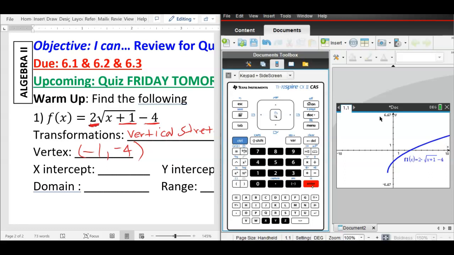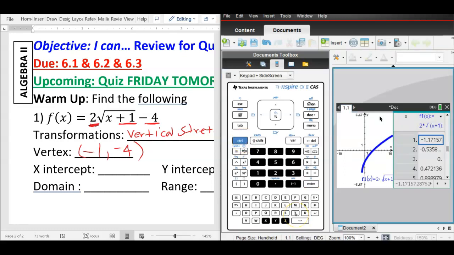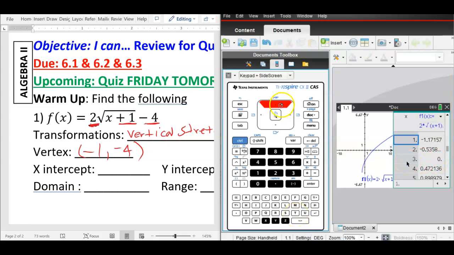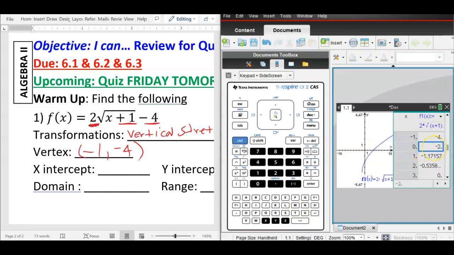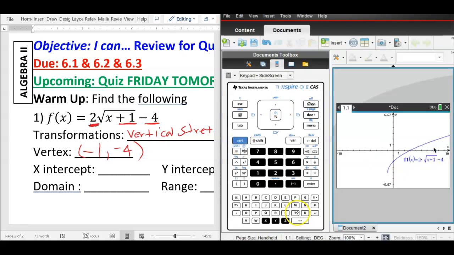But what do we press to trace it? Menu 5.1. Control T is when we want a table. Technically, if you press Control T, when y is 0, that's the x-intercept, and when x is 0, that's the y-intercept. So technically, Control T could work, but we like to press Menu 5.1 to trace it.